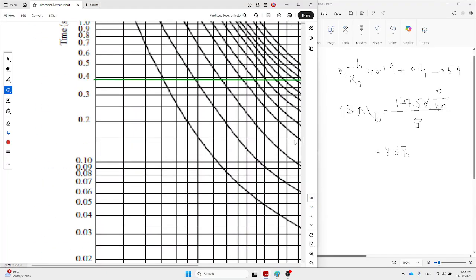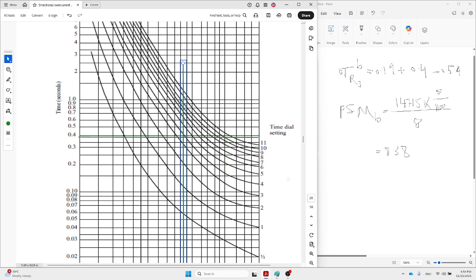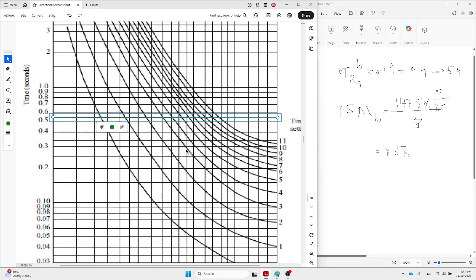So for this relay time dial setting, start with 8.3, this is 8.5, this is 8.4, correct? Then the operation time is 5.5, roughly around here.